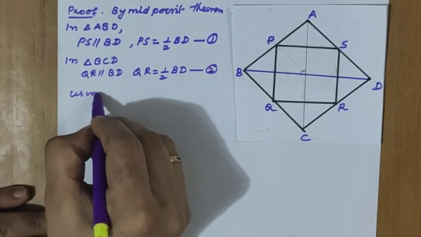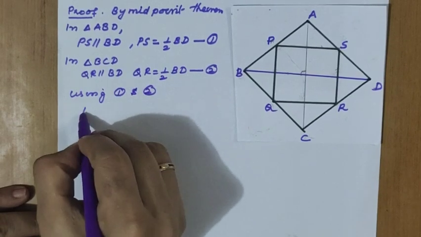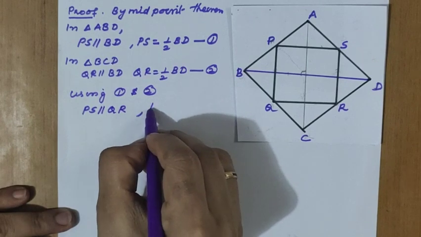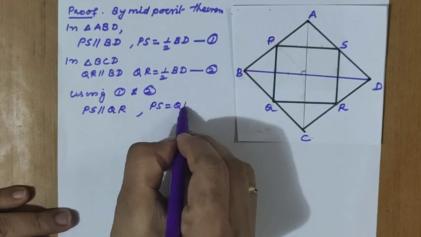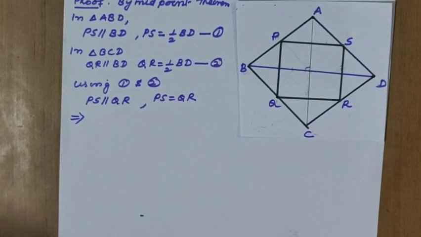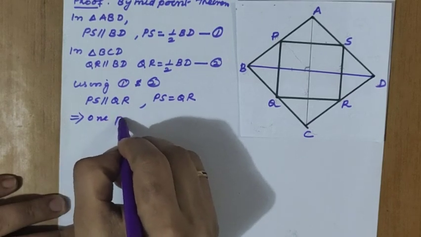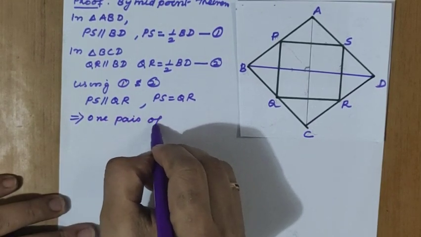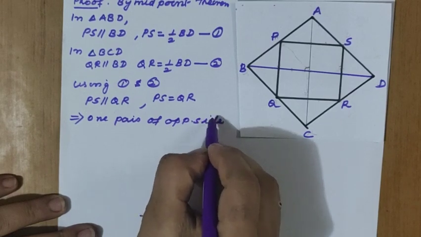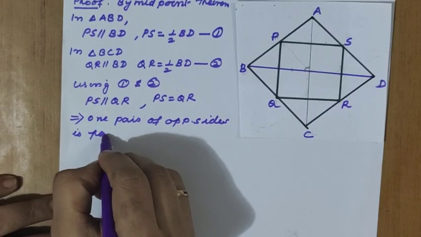Using 1 and 2, what is the conclusion? PS parallel to QR and PS equal to QR. This implies, what is the implication here? One pair of opposite sides is parallel and equal.